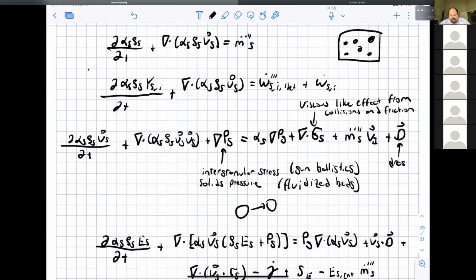So there are pressure-like effects from particles colliding with one another, and also frictional-like effects, as if you are in a fluidized bed regime where you just have a bed of, like, sand in a glass or sand on a beach. You could imagine layers of grains sliding over one another, and there are pressure-like effects from those grains sliding over one another.